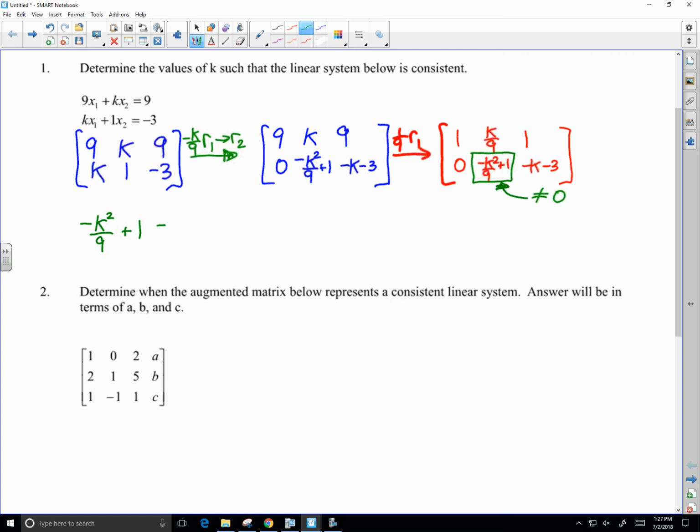I'm going to set that equal to 0 and solve. When I set it equal to 0, I get K equals plus or minus 3.